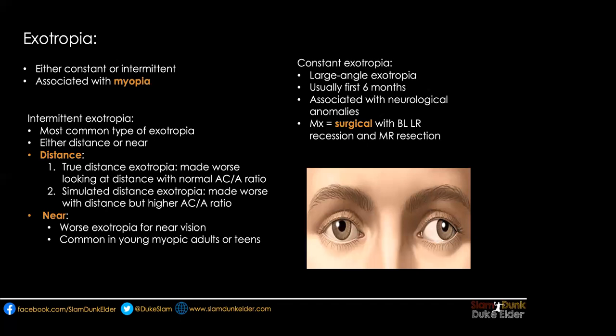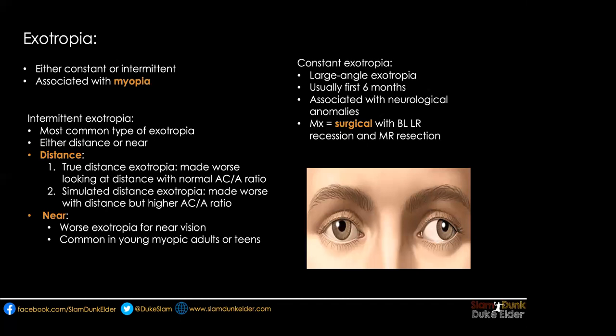So we split the intermittent exotropia into distance and near. True distance exotropia is made worse when you're looking at a distance, and has a normal ACA ratio, whereas simulated distance exotropia is made worse with distance, but has a high ACA ratio.